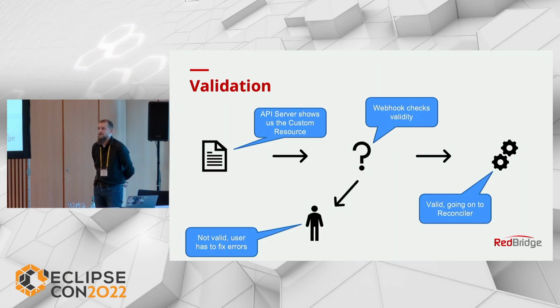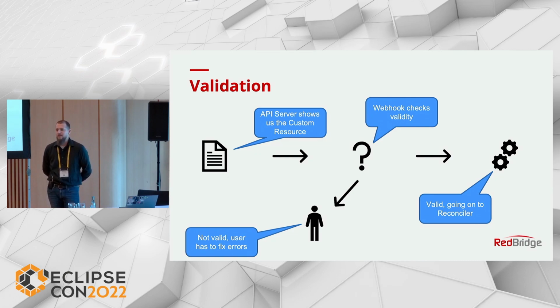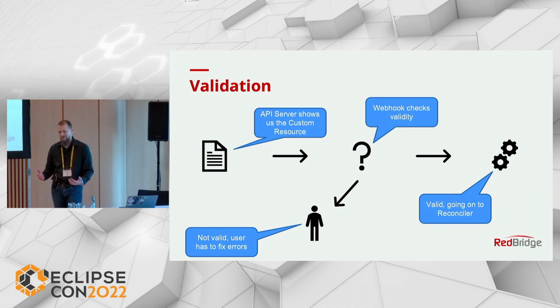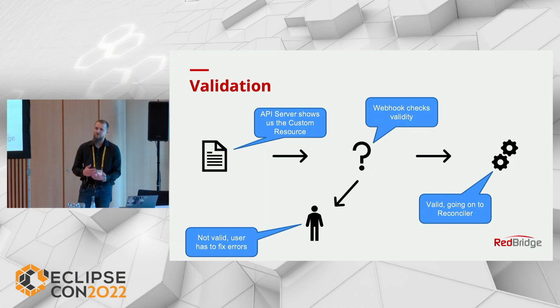When it comes to validation, well, there are two different types of validation. One is like the simple validation that you can have in OpenAPI. So, for example, you can have something nullable, required, etc. You can have minimum values, maximum values, etc. But for some more complex validation, you need to have some code in your operator which can actually check those complex validation rules, and that's before admitting it to the Kubernetes cluster.